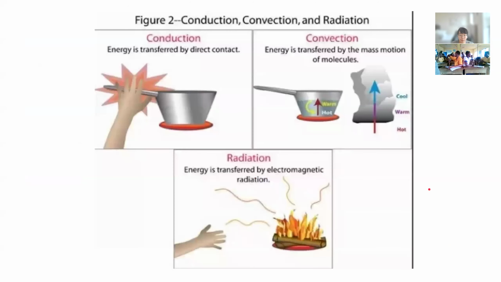I have a better picture here. These are pictures comparing conduction, convection, and radiation. Conduction here, this person is touching a hot pot. So energy is transferred by direct contact from the pot's handle to the hand. Convection is where energy is transferred by the motion of molecules.